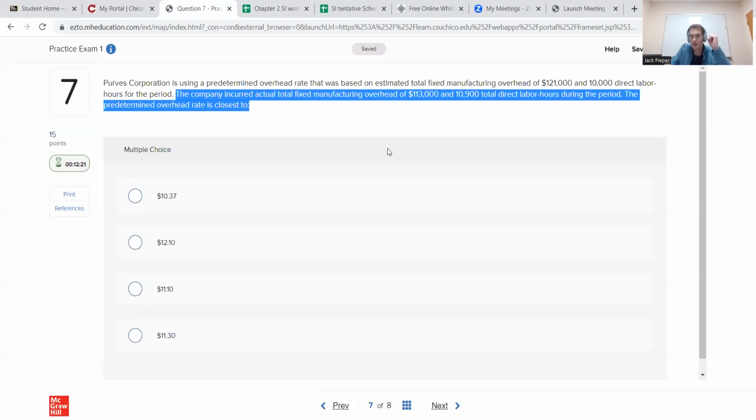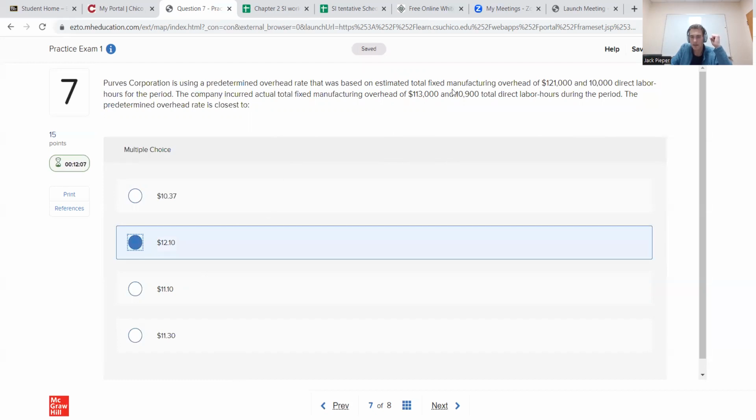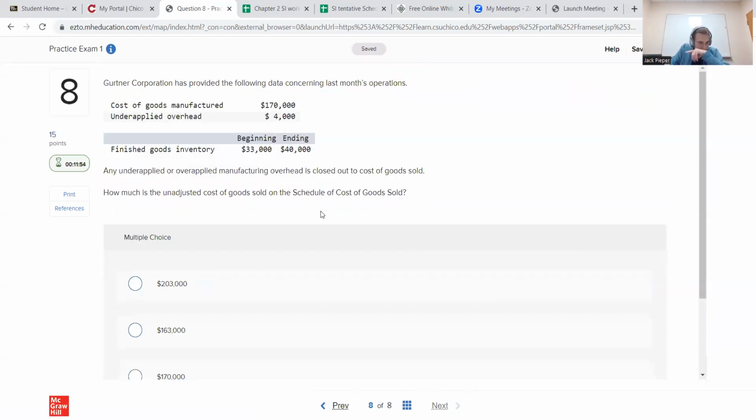The actual is not included in our predetermined overhead rate discussions. I'm not going to do the math because I know that 121,000 divided by 10,000, which is both of our estimated, is going to be that. So again, when it says predetermined overhead rate, it's estimated divided by estimated. Simple as that. Don't get confused with more information than you should have.